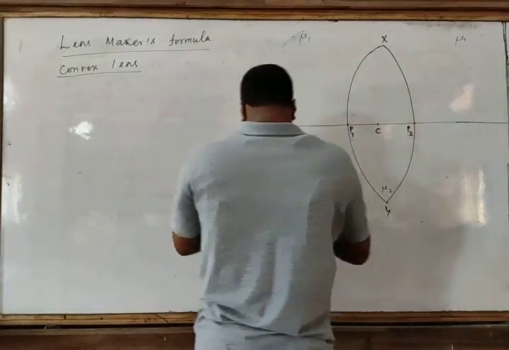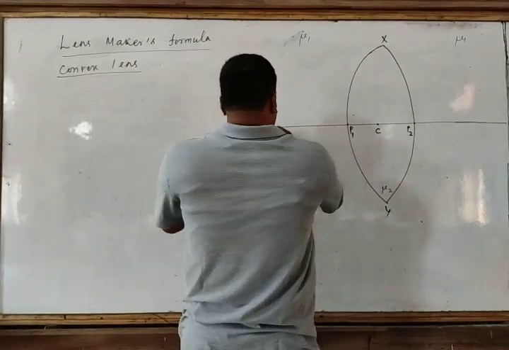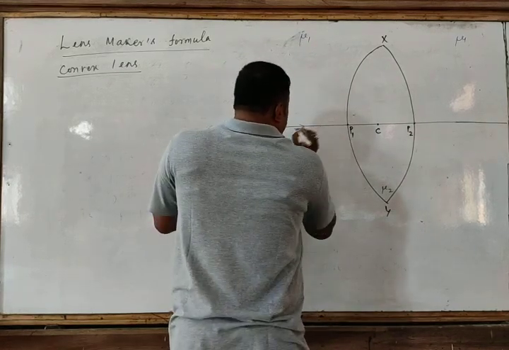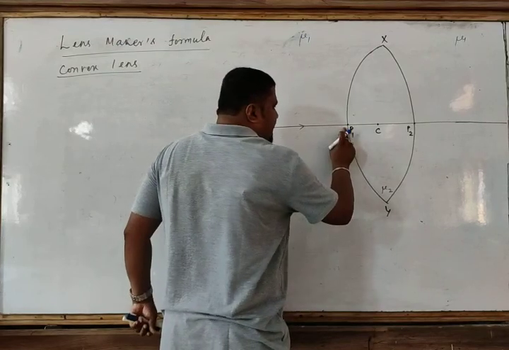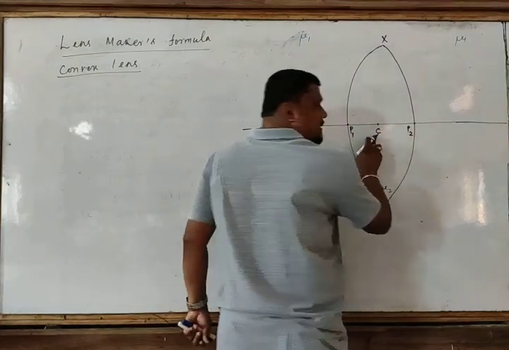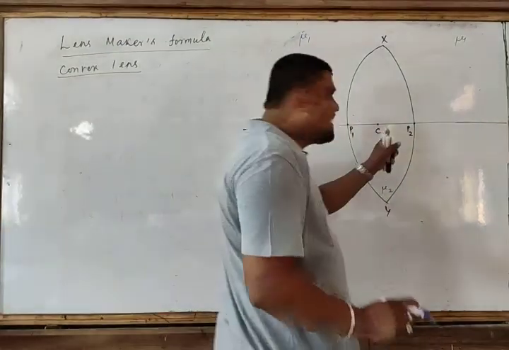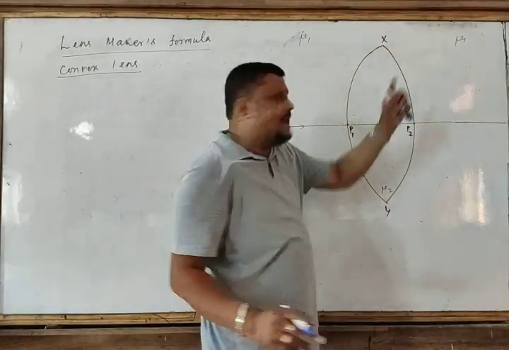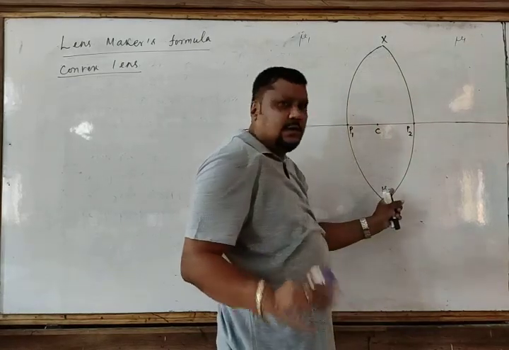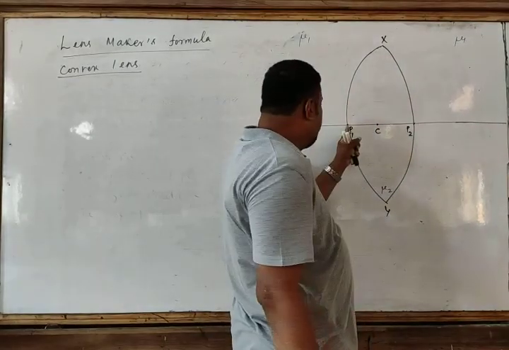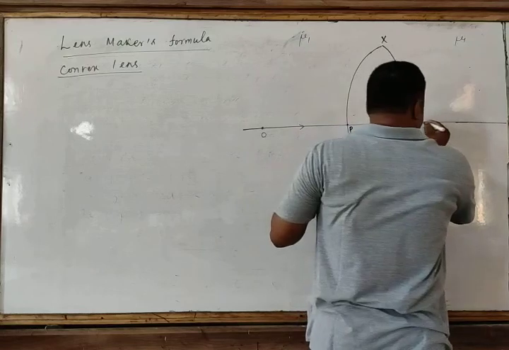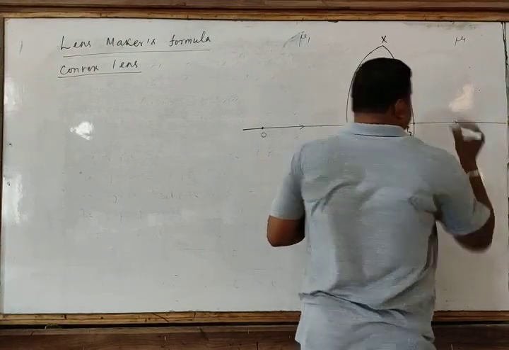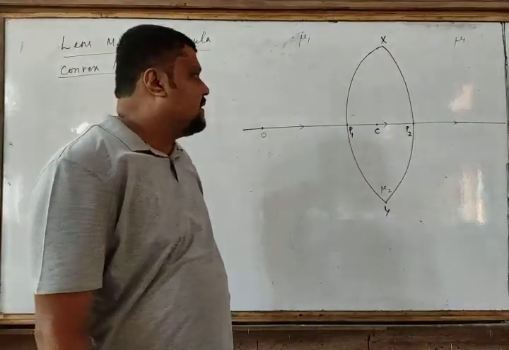Let us consider a ray incident from the object along OP1. There is no lens center here, we are only discussing this surface, so the ray OP1 goes undeviated.